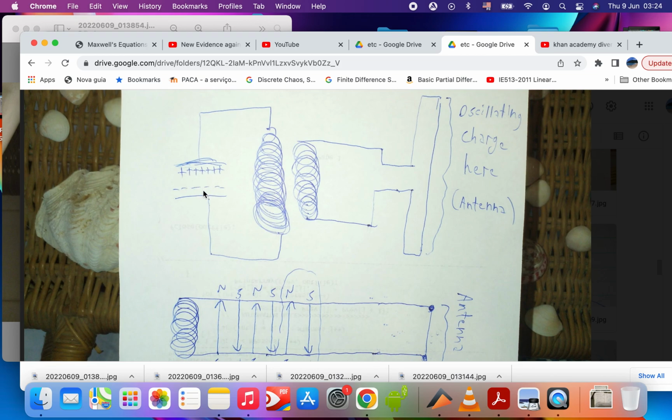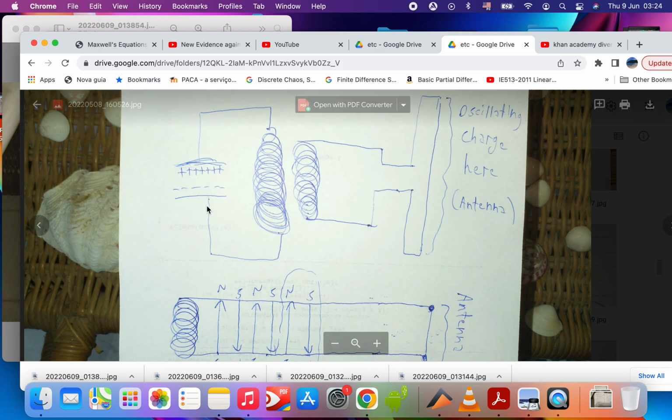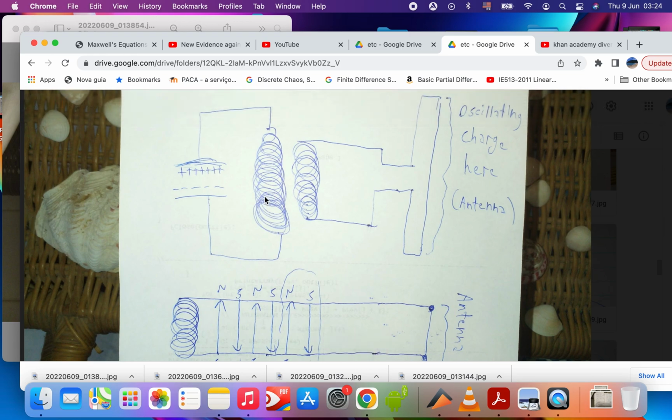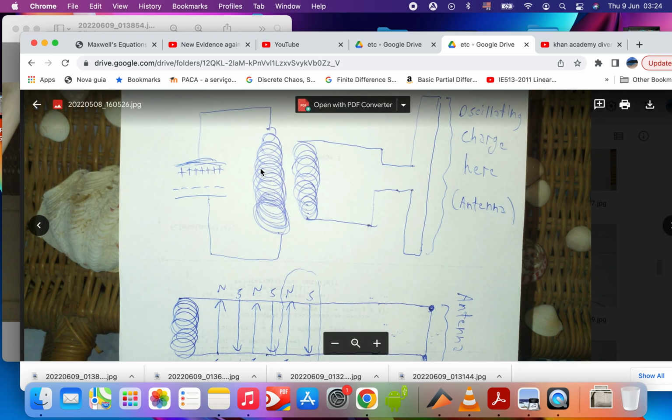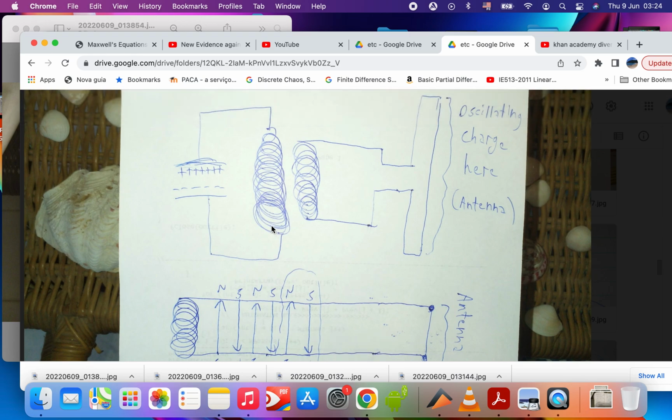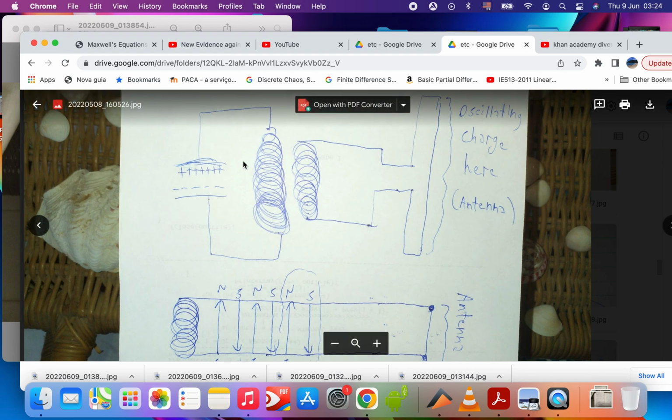Charge is going to form on the plates of the capacitor once this is powered, and that charge is going to cause a current going through the inductor, and that current is going to overshoot the point where the capacitor is neutral.